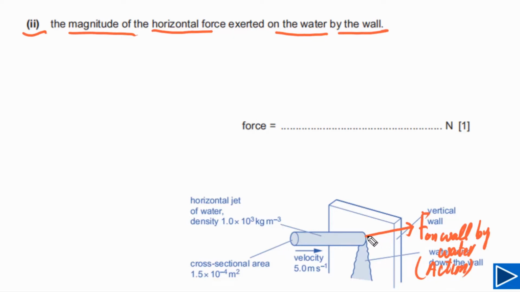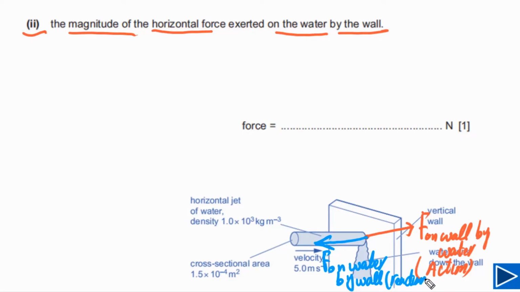So the wall will also exert force on water. So simply we can draw the force exerted on this jet of water by wall. So this is the force on water, meaning on the jet of water, by the wall. So this one is the reaction force.